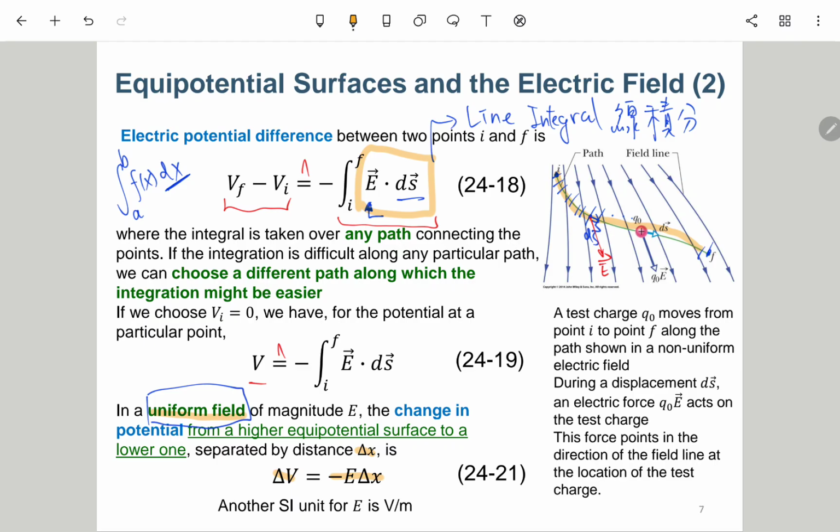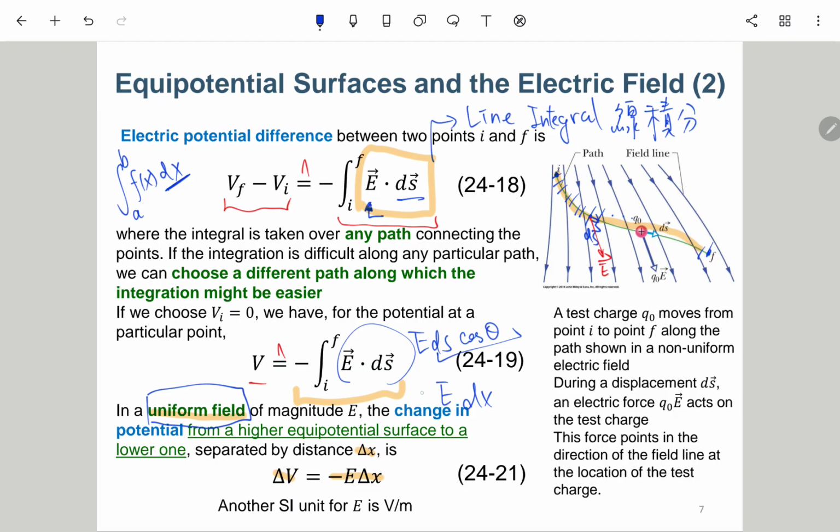Okay, so this one should be covered by the high school physics. Yeah, we just consider E to be a constant, and so it turns out to be E ds cosine of theta. Okay, so the theta will be the angle between E and ds, and then finally we consider this one to be the dx.